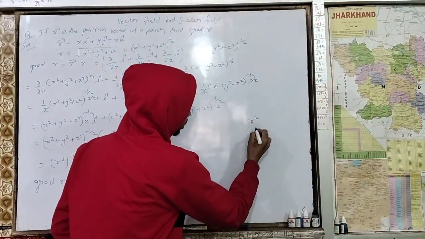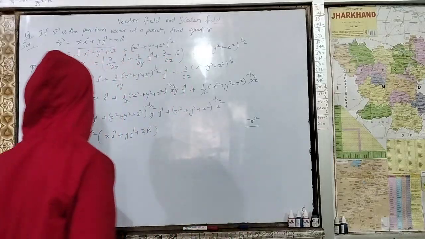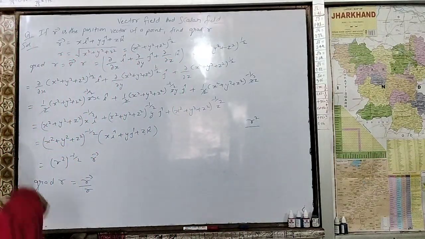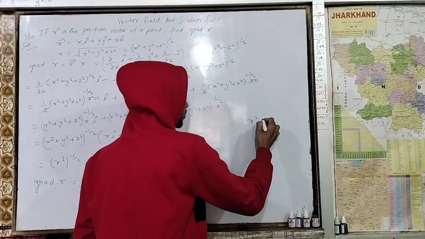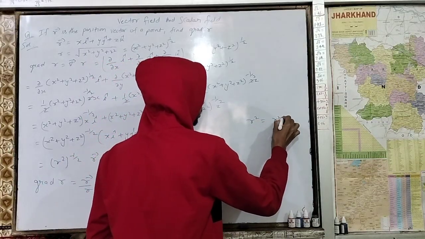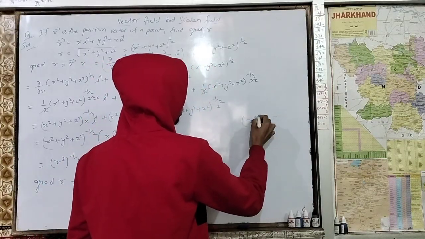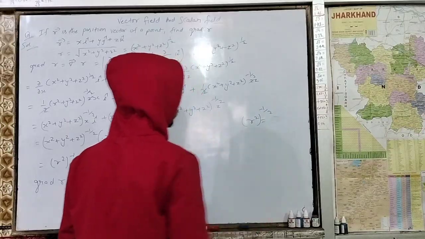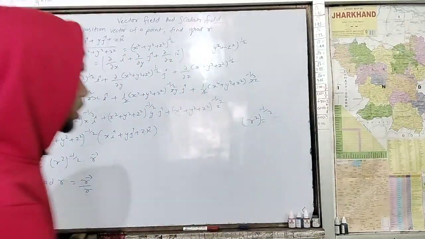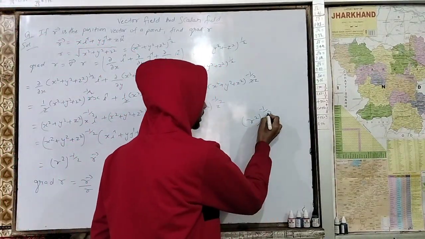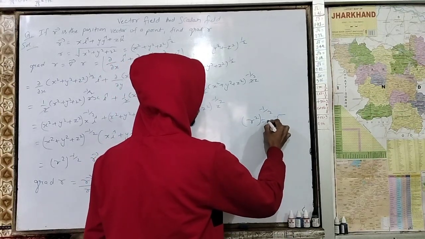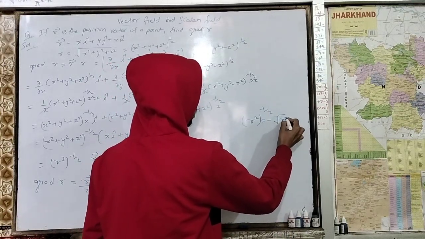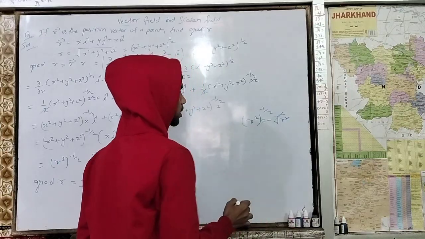This r square raised to power minus 1 upon 2, you know that this is nothing but the root, so this square will cut with the root.